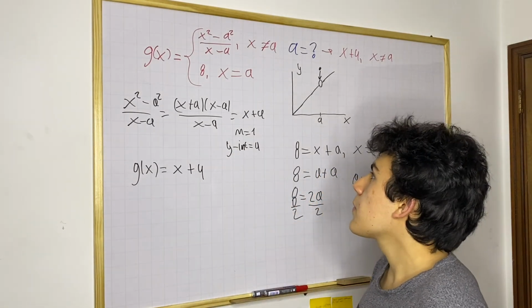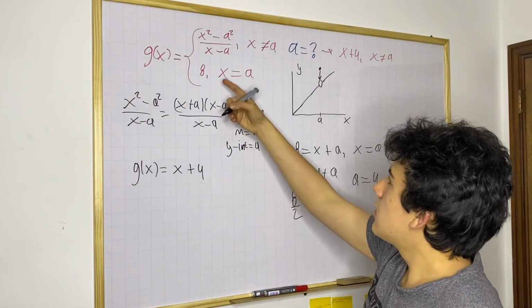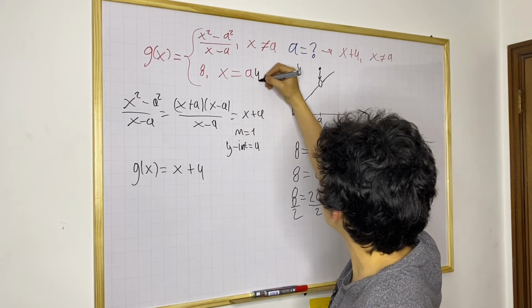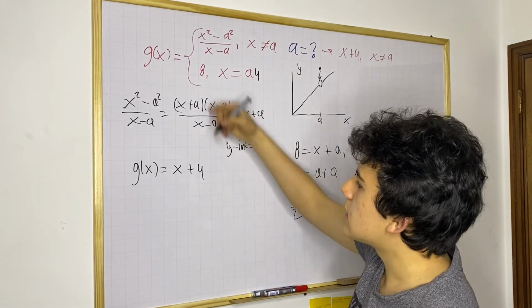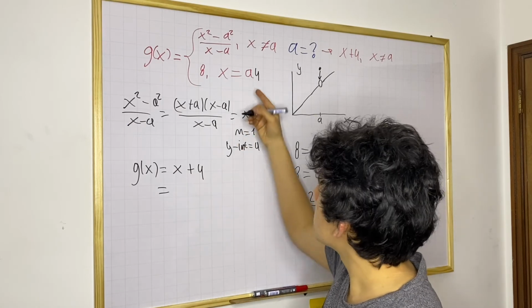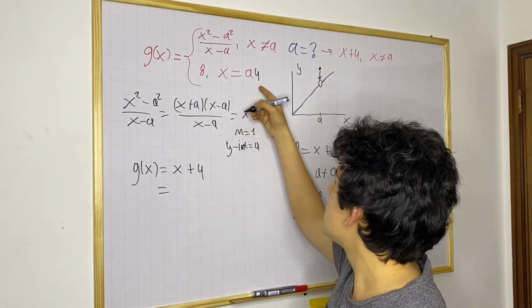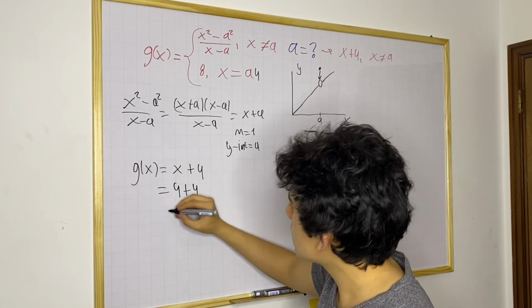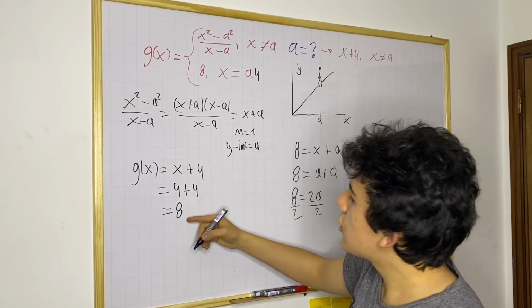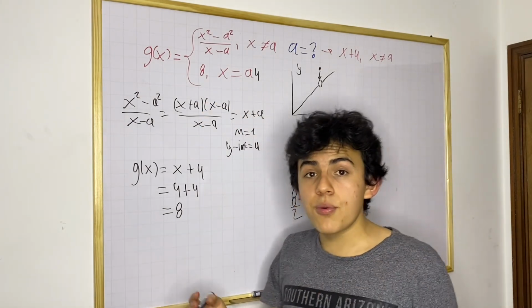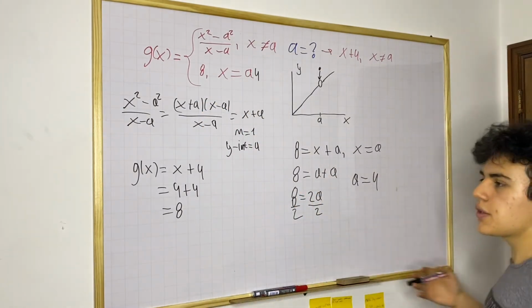So we know this function says that if we plug in a, which we know is 4, we should get 8. Now, if we plug in 4 as our input, we would get 4 plus 4. And this is clearly equal to 8. So we are satisfying this condition up here. And that is the proof that a is actually 4.